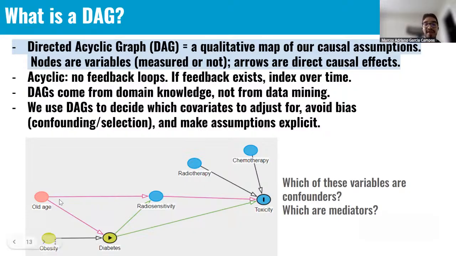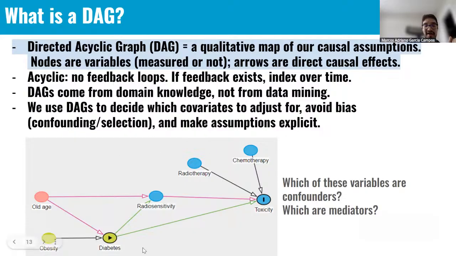And I have old age. I know old age can cause diabetes, and old age can cause radiosensitivity. Even without diabetes, I can have radiosensitivity just because of old age. Here, I have a clear example of a confounder because it is causing both, and radiosensitivity will imply the outcome.